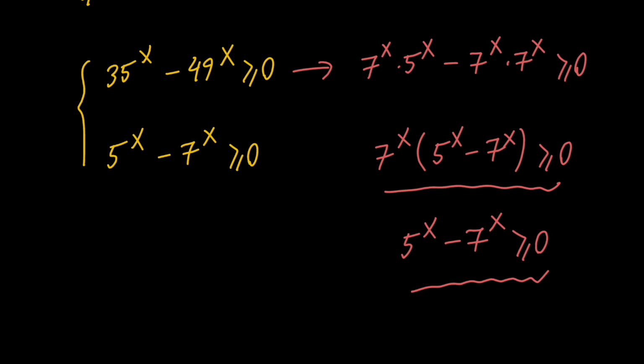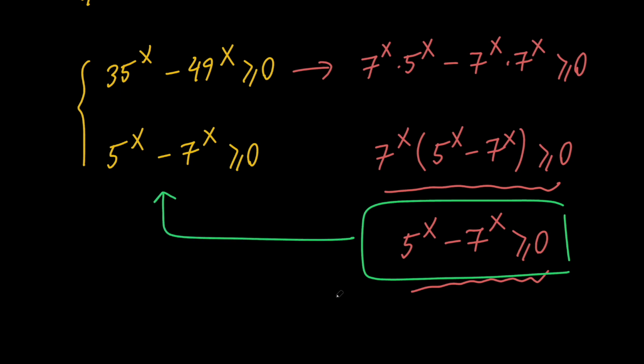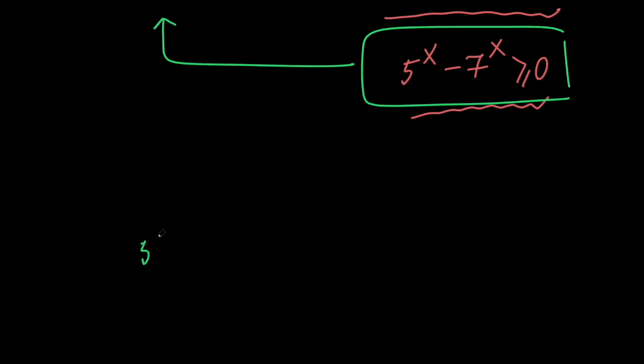So if this is non-negative, then the whole thing is going to be non-negative. And if you look at this, you can see that this restriction is the same thing as this one. So both of these restrictions mean the same thing, so we only have one restriction and not two. We want 5 to the x minus 7 to the x to be non-negative, and that means that 5 to the x should be greater than or equal to 7 to the x.